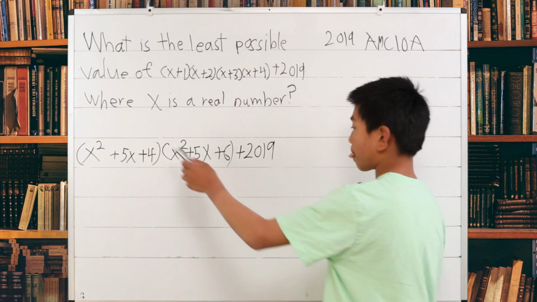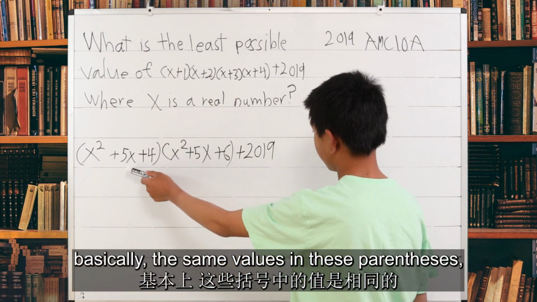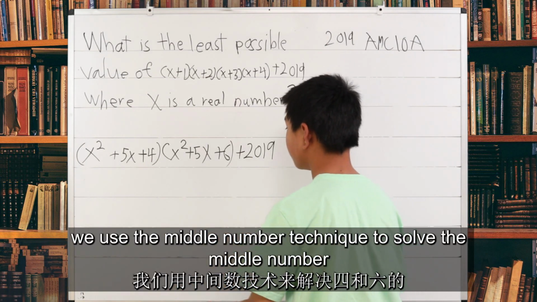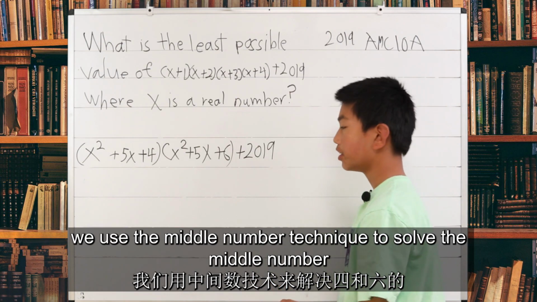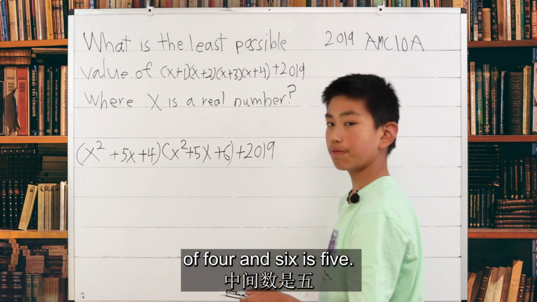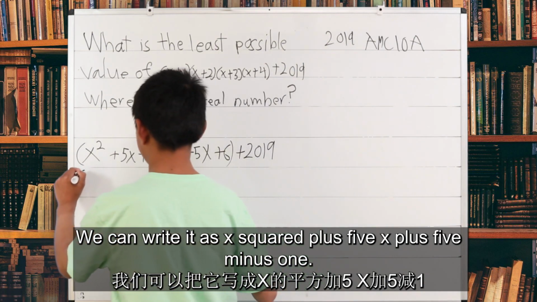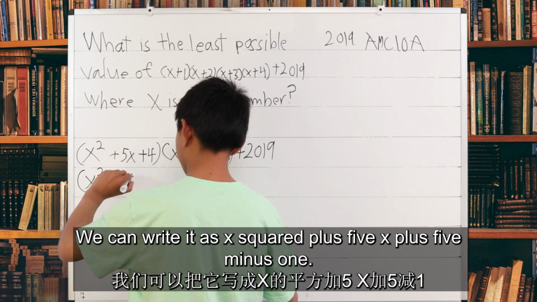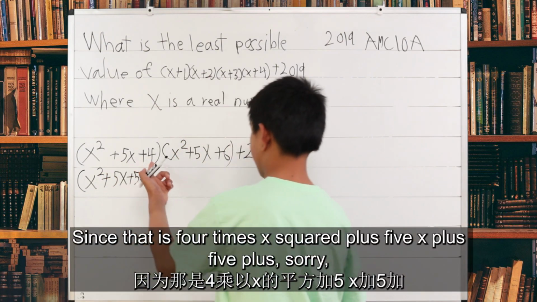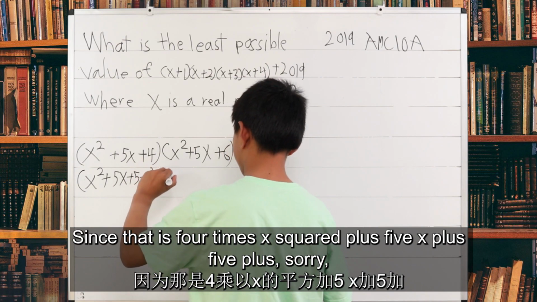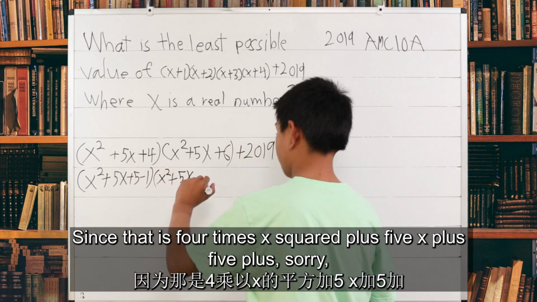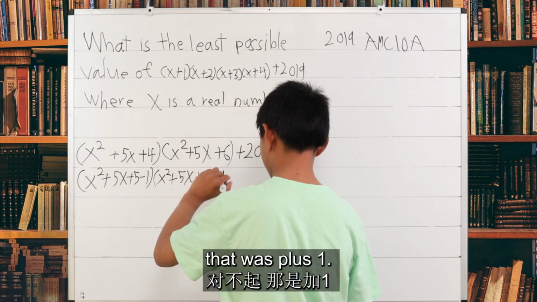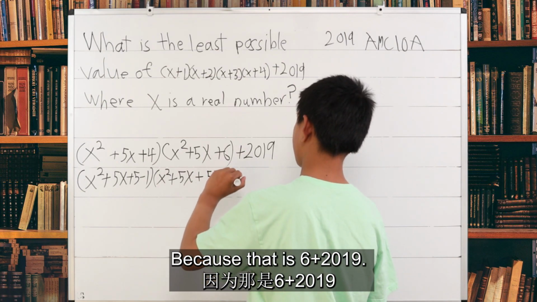Now we have basically the same values in these parentheses except for the last numbers. So we use the middle number technique. The middle number of 4 and 6 is 5, so we can write it as (x squared plus 5x plus 5 minus 1) times (x squared plus 5x plus 5 plus 1), plus 2019.